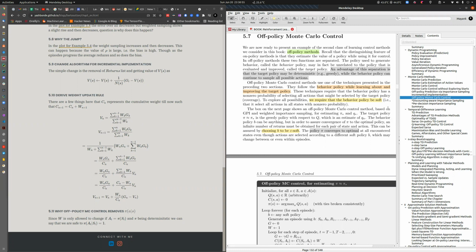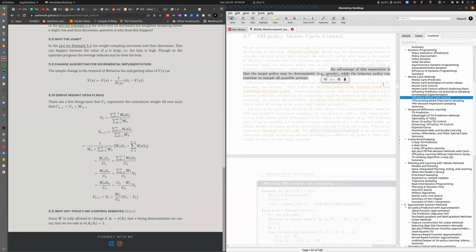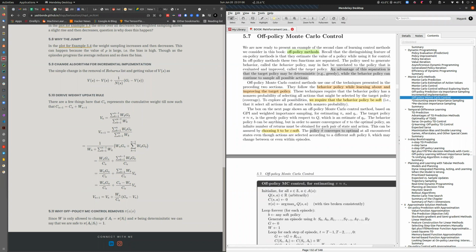Okay, yeah. So there won't be any epsilon exploration in the target policy. There won't be any stochasticity included from your environment.